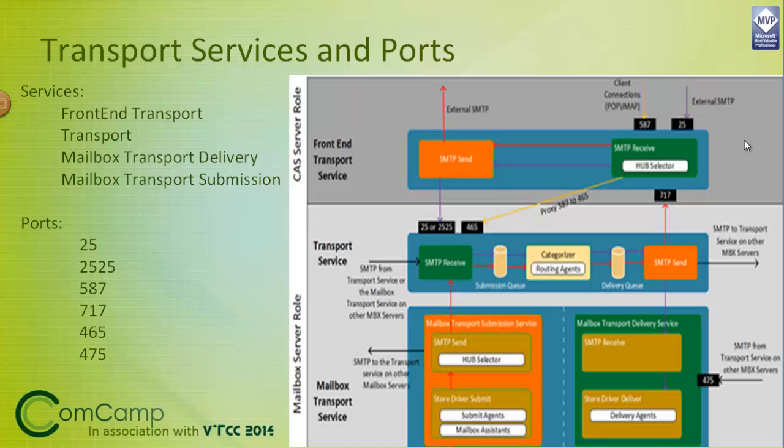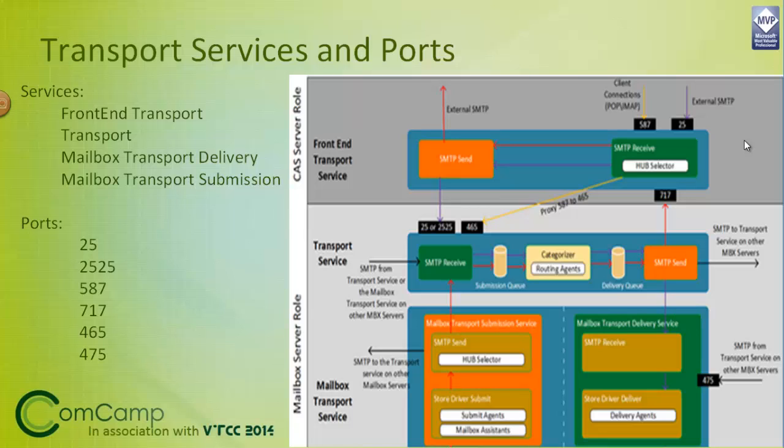Alright, let's move on to the next service, mailbox transport service. This service runs on all mailbox servers, which consists of two separate services: the mailbox transport submission service and mailbox transport delivery service.